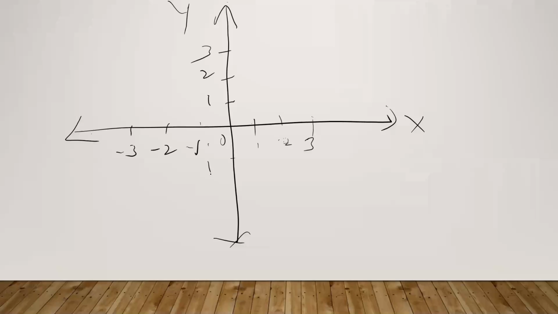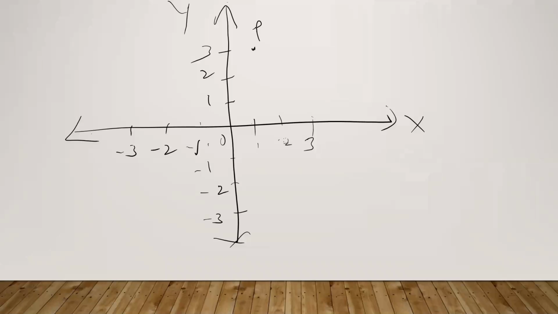And suppose, here below 0, I have negative. I take a point here and I ask you, what are the coordinates of this point? Let us call this point P. As I told you, every point on the plane is represented by two coordinates, x coordinate and y coordinate.